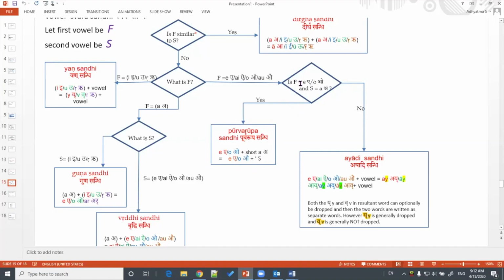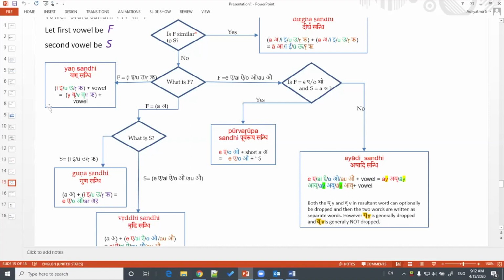If this condition is not met, that means all other conditions, then it is an ayadi sandhi. So E becomes ay, O becomes av, AI becomes ai, and AU becomes av. And yakara and vakara are optionally dropped, but generally in the text, yakara is dropped, vakara is not.